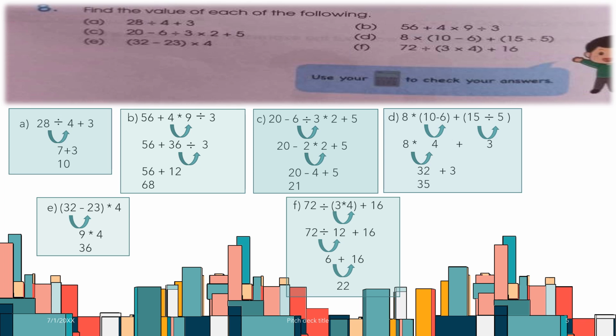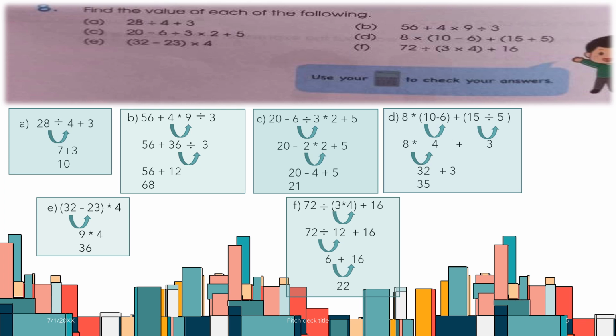Now according to the rule again, 8 and 4 are going to multiply first, and then the resultant is going to be added to 3. So 8 into 4 is 32 plus 3. The result is 35.